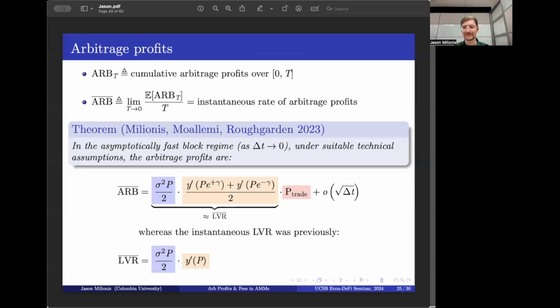The clarification I wanted to ask is about gamma, the fee rate. In the formula, both e to the fee and e to the minus fee appear, while the probability of trade is essentially 1 divided by gamma times some factor. So I was wondering where these exponentials come from.